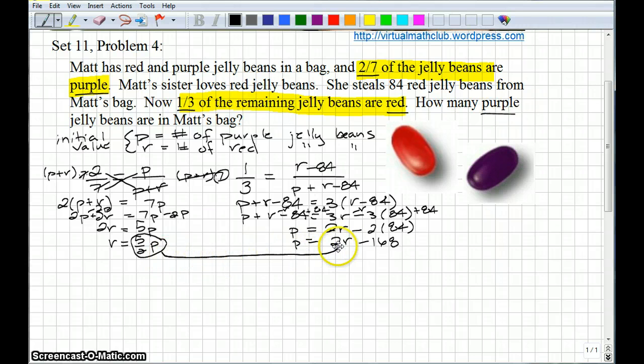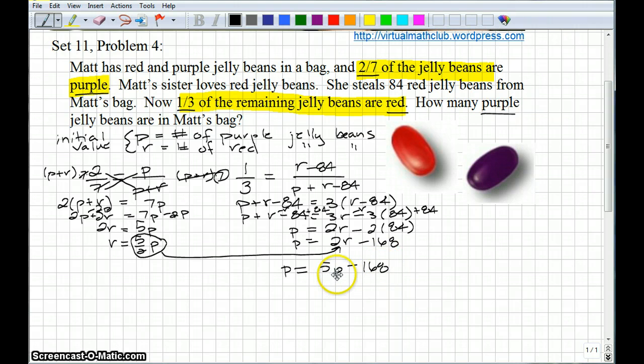So for r, I'm substituting 5/2 p. Okay, so then we get p is equal to 5/2 p. Now actually we have 2r here, and here's 2r. We could substitute for 2r. But you can see that 2r is just going to be 5p. Okay? And this is 168.